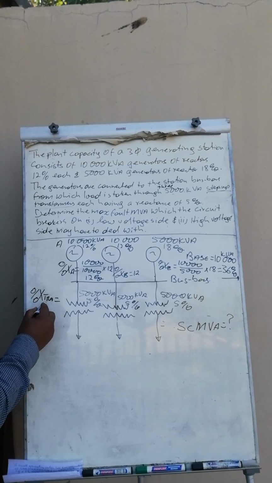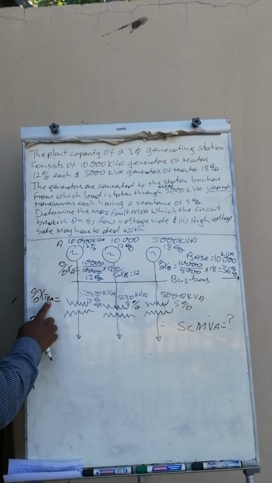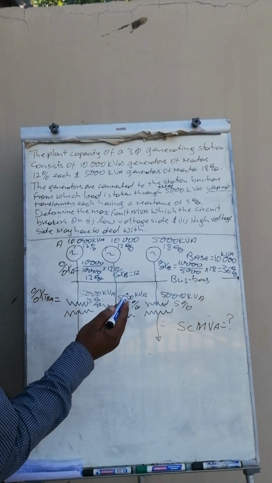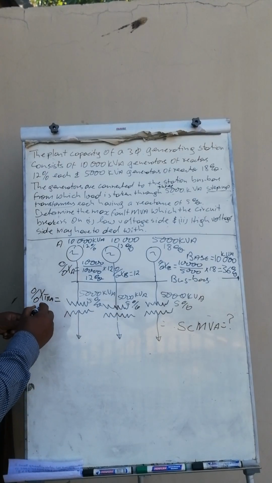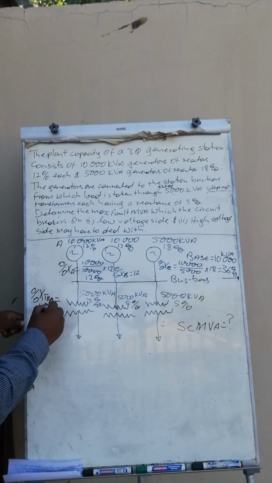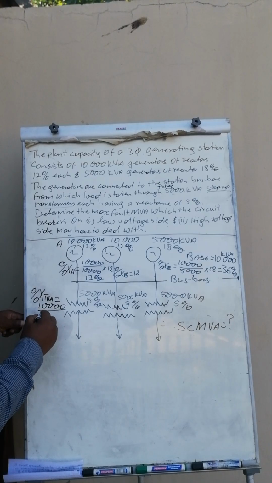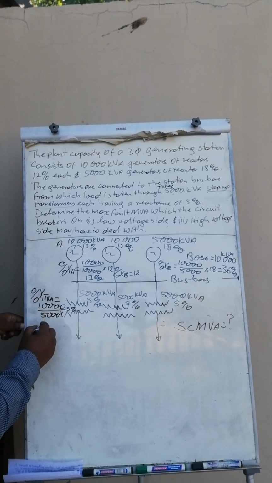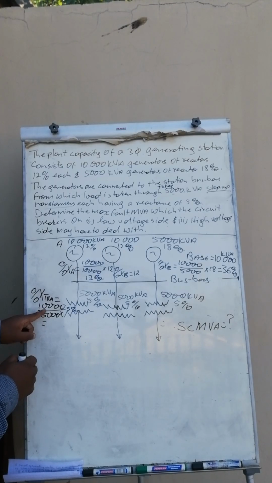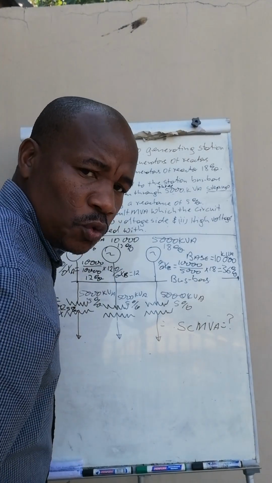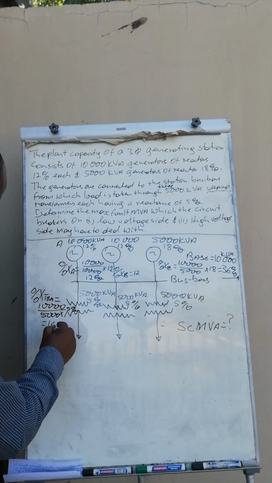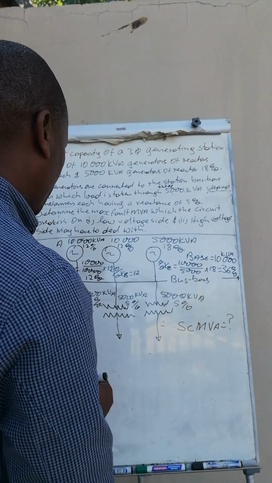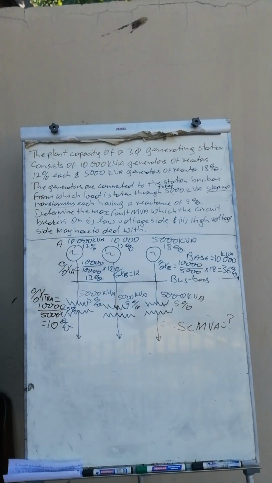It is equal to 10,000 divided by 5,000 multiplied by 5%, and it is equal to what? 10,000 divided by 5,000 is 2. 2 multiplied by 5 is 10%. It is 10%.